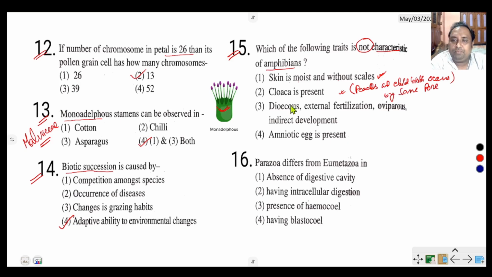This is called cloaca. Cloaca present, dioecious, external fertilization, oviparous and indirect development. It is also right, but amniotic egg present is only found in mammals.